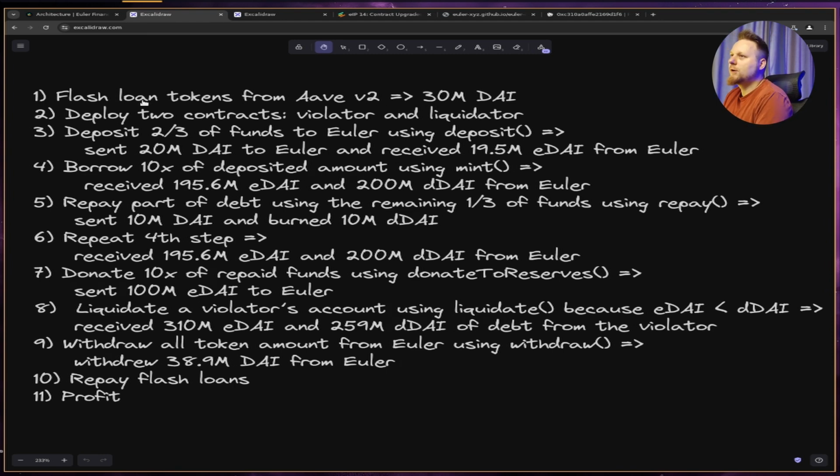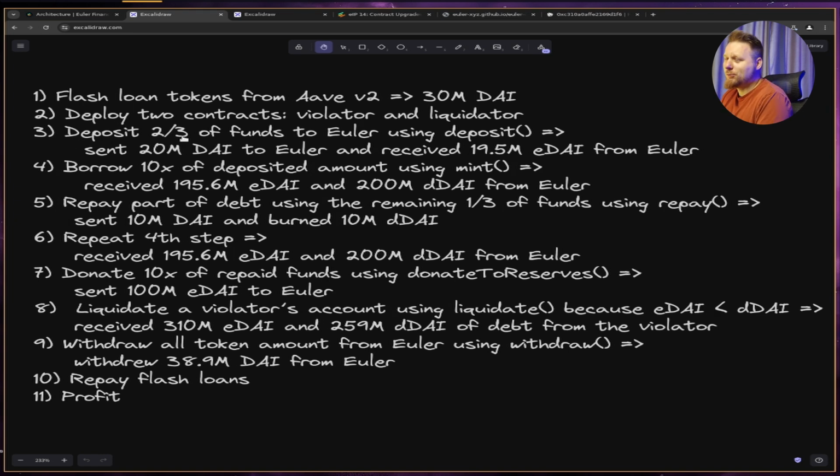So first, you just have to flash loan the tokens from Aave, 30 million DAI, and deploy 2 contracts: the Violator, the one that will mint a huge amount of E tokens and D tokens and, because of donate to reserves, will be immediately underwater, and the Liquidator, the account that will liquidate this Violator.